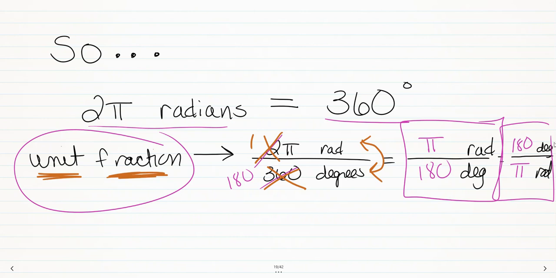When the degrees is in the numerator, on top, and the radians is in the denominator, on bottom, we get 180 over pi. So these two unit fractions are equivalent unit fractions. They're both equal to 1. Pi over 180 or 180 over pi.